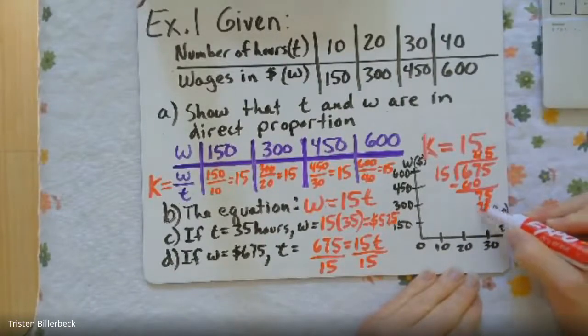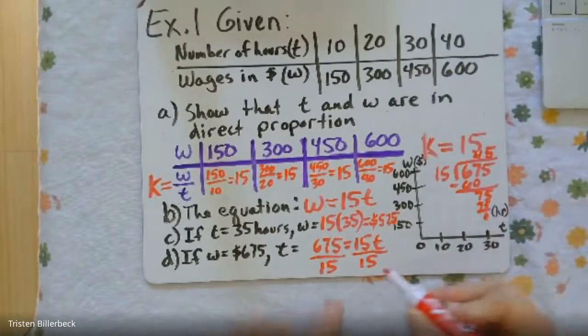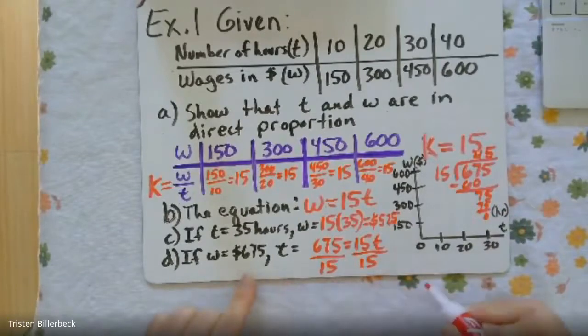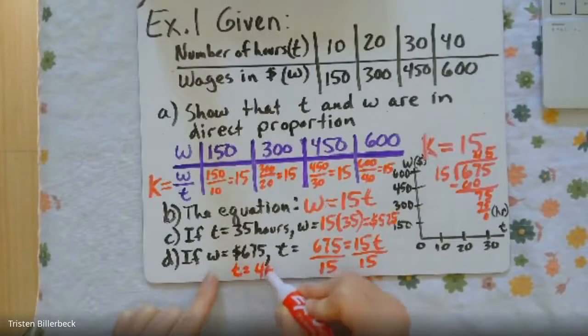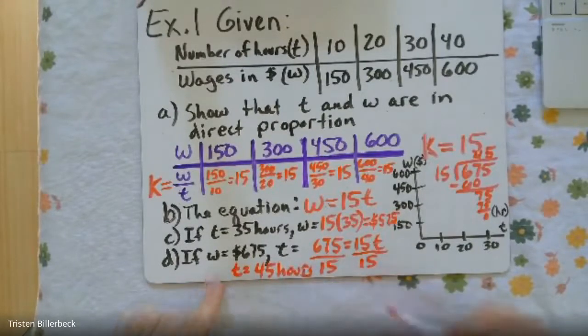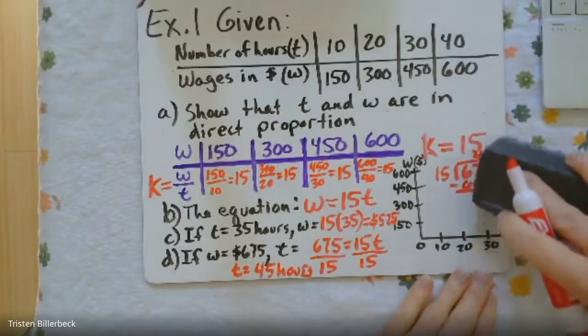So T equals 45 hours. Some people say 45 hours is a week of work, and you make $675.